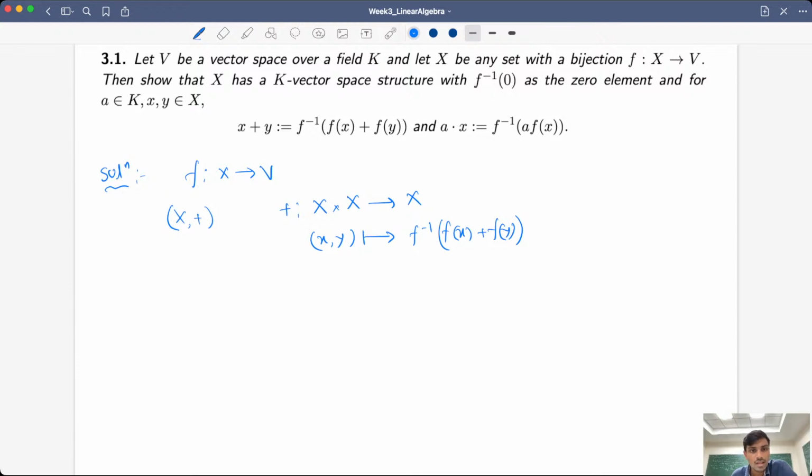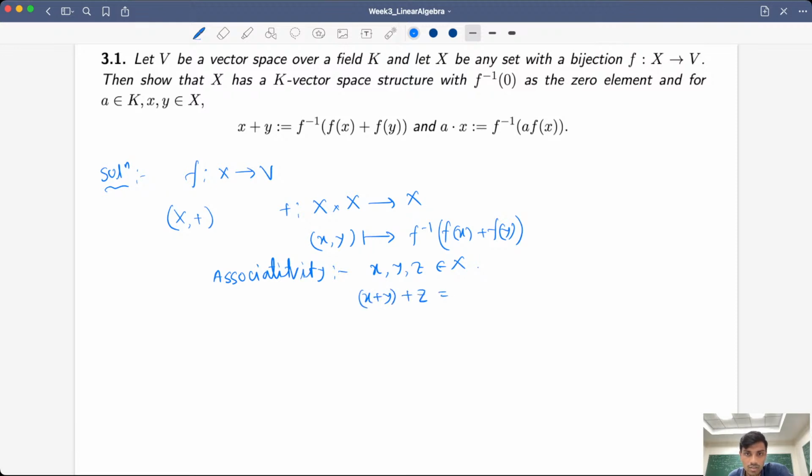Then this is associative, because again this plus is associative. If I take three elements x, y, z belonging to X, then I first make x plus y, then with z.